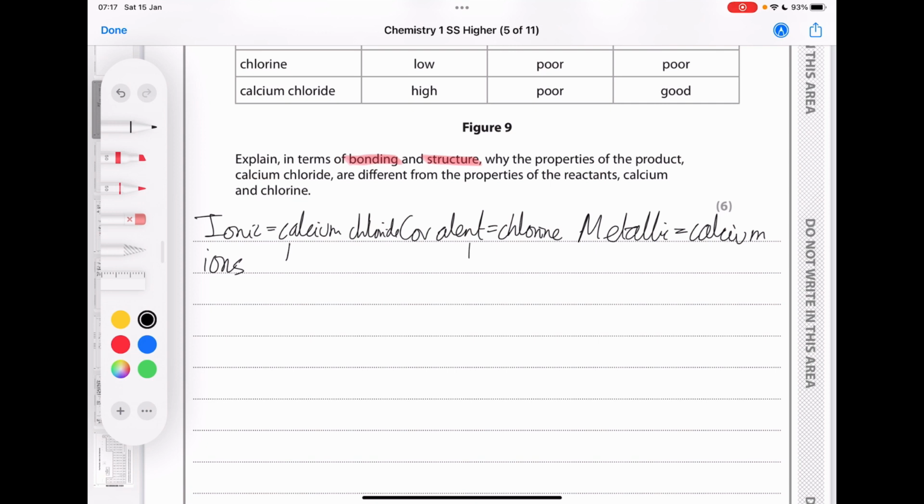Likewise, a covalent substance consists of molecules, and therefore it's no good talking about ions, and it's no good talking about delocalized electrons because they do not exist in a covalent molecule. And lastly, metallic substances consist of ions which are positive and delocalized electrons.